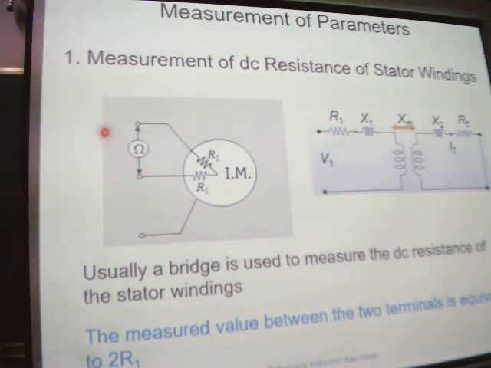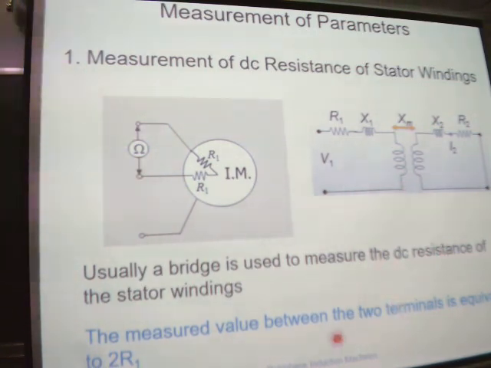So the resistance we get here is the value of 2 times R1. So this value is twice the stator resistance.